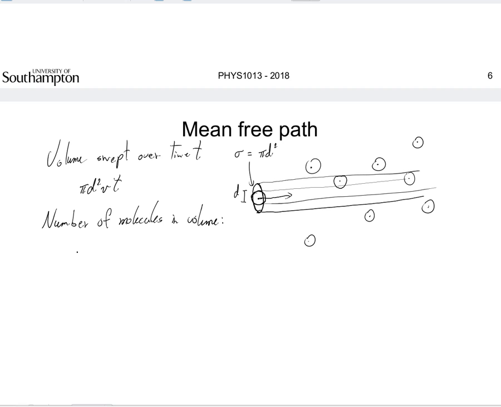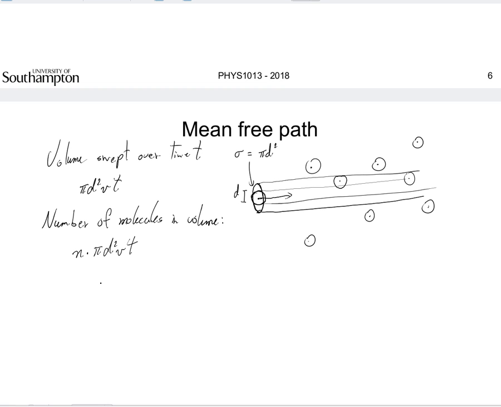And it's just the number density times this volume, right? So what this means is that the time, on average, it takes to find one molecule in this volume, you know, how long do you need to extend this volume until there is on average one molecule in the volume? This is the time, this is the mean time between each collision.